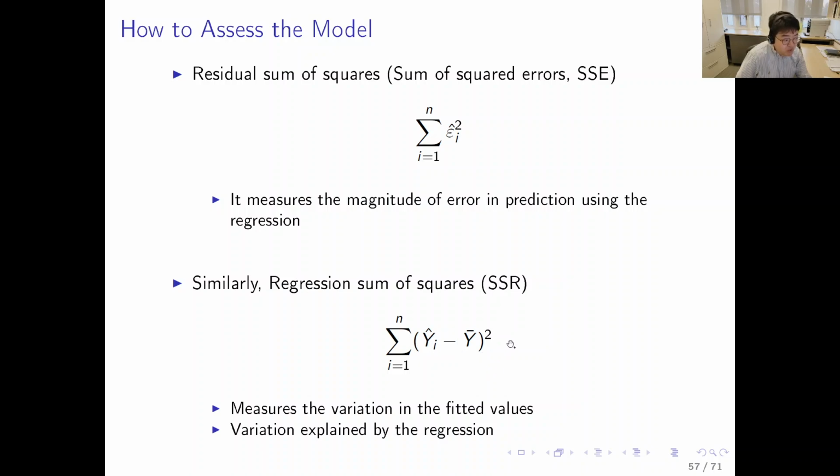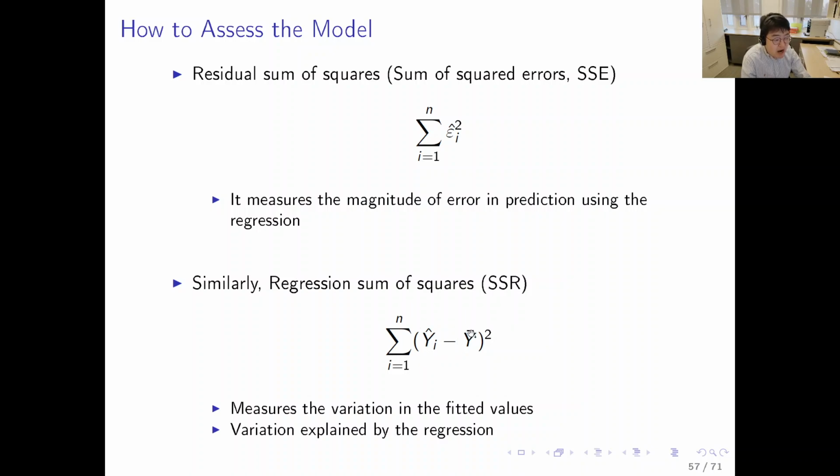Remember, if you divide it by n-1, this is actually a variance formula, right? So it is a kind of variation. If you divide it by n-1, that is exactly the variance of your predicted outcomes, right? Predicted outcomes.